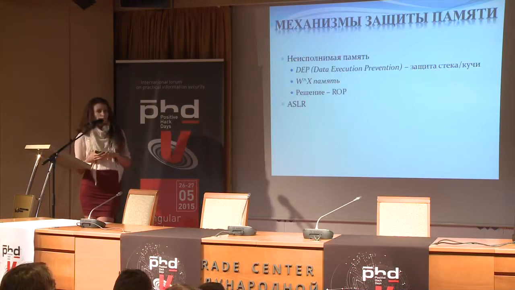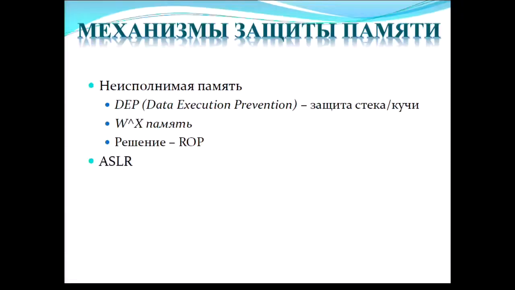In addition, it's very popular right now to use non-executable memory, so direct data execution in the stack is prohibited. There are software realizations of this protection and hardware realizations of this protection, and the solution of this problem for the fraudster is ROP shellcodes, which I'm going to speak about in this presentation.